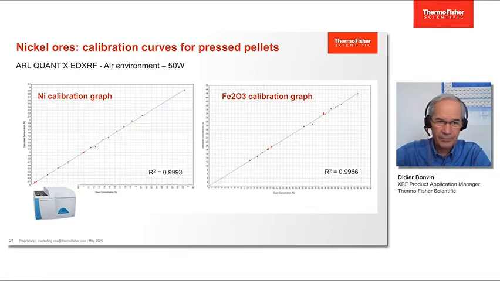On the nickel graph, you see that we have also a very good agreement in terms of alignment of the points with an R square of 0.993. Same thing for iron, also nice alignment of the points with an R square of 0.9986. So good performance on these two elements.